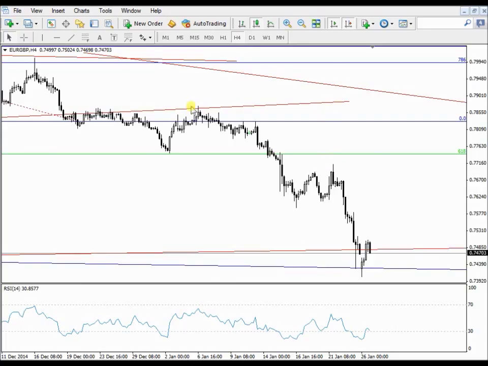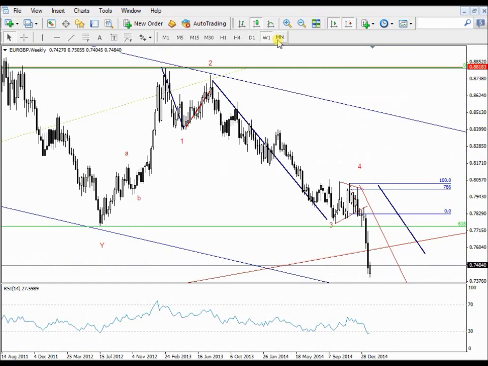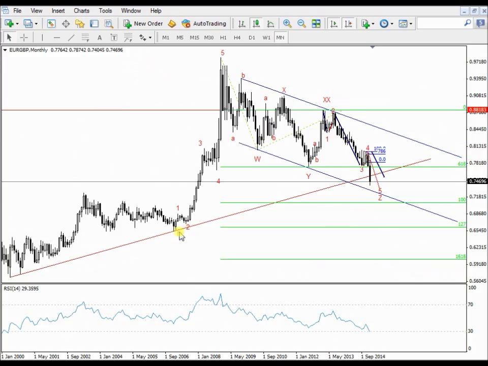Up and left, that is a resistance. Up and left, that's a resistance. So that is where the market got resistance. That is not supply levels or demand levels. And if you go down and left, you can get your support. So that's a support, that's support, but that's not necessarily a demand level.